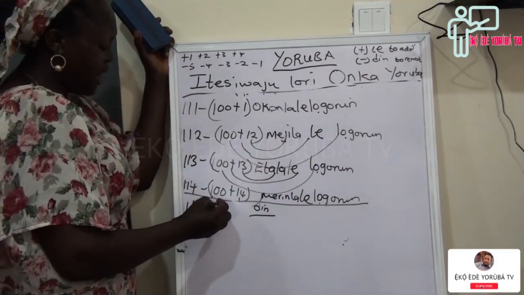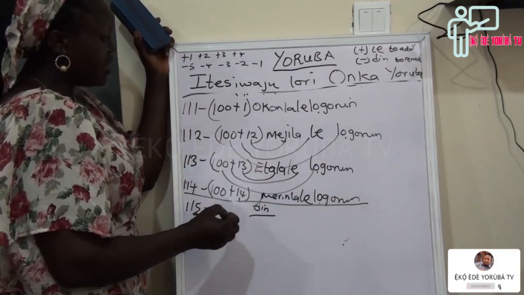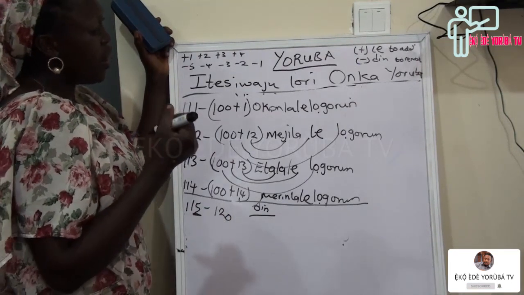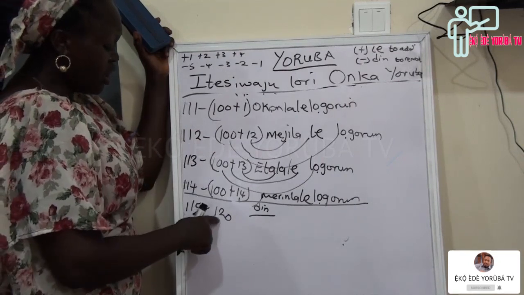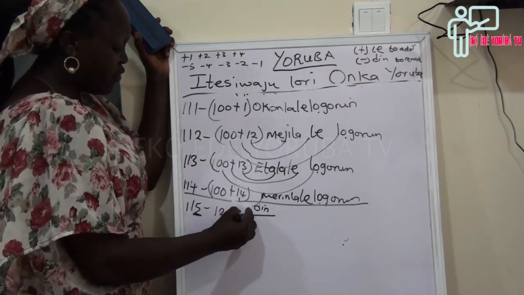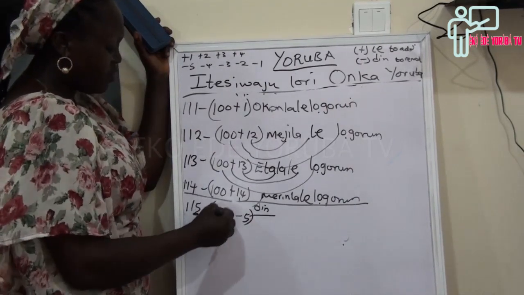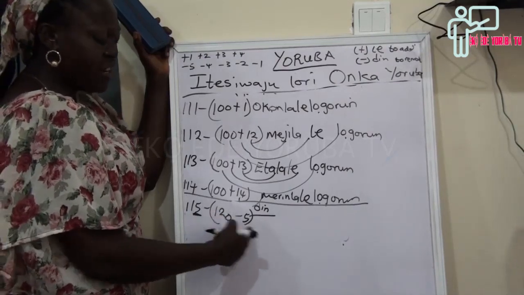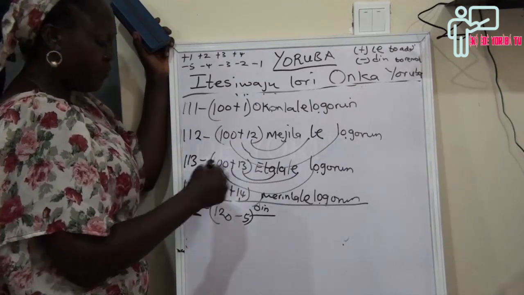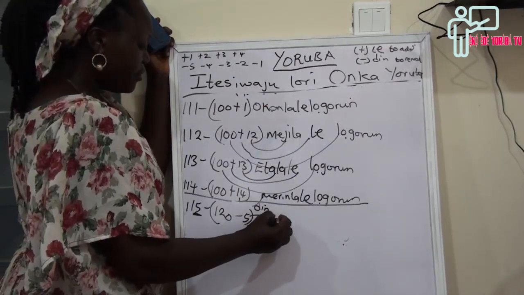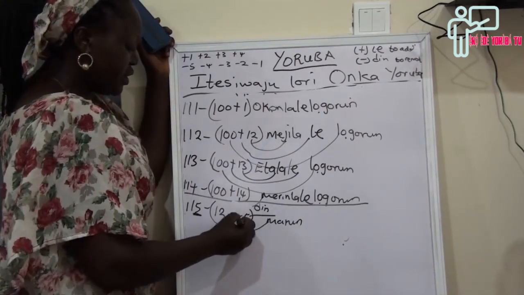Then we are now going for whole numbers. What is the whole number? Is 120. That is why I wrote 110 the other time and 120. So this is 120 now. Minus 5. You now read it from the back. Márùndín.